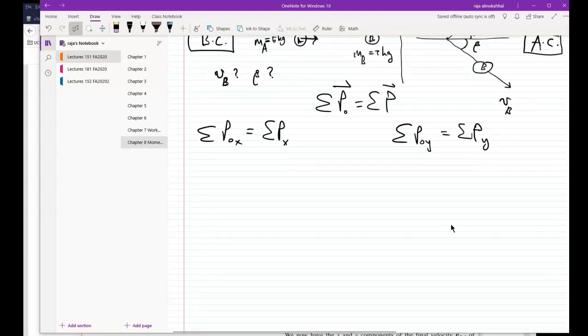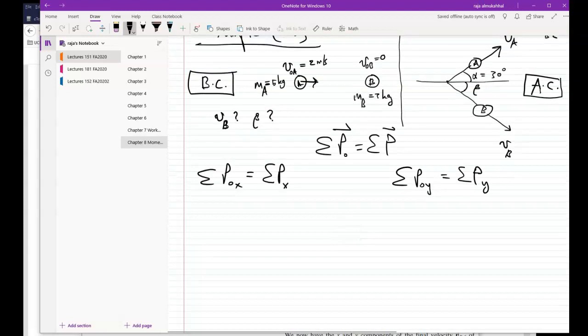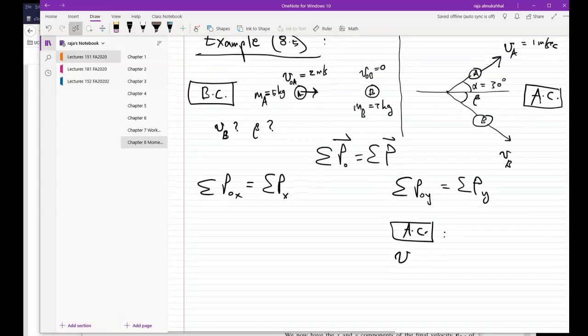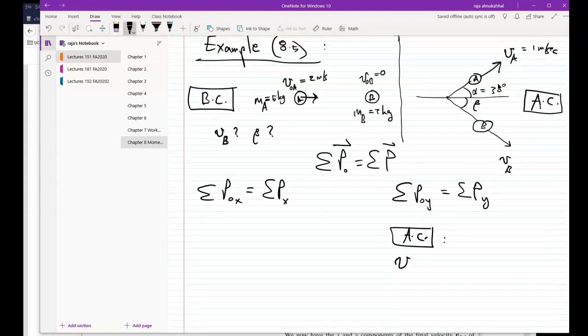Got it? So I need to do all of that before I plug it in. So let me just talk about AC here, because BC is fine. As you can see, VA sub Y is going to be VA sine 30, and that makes it 0.5 VA.